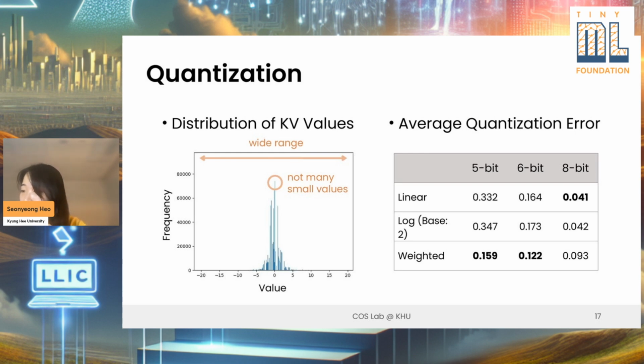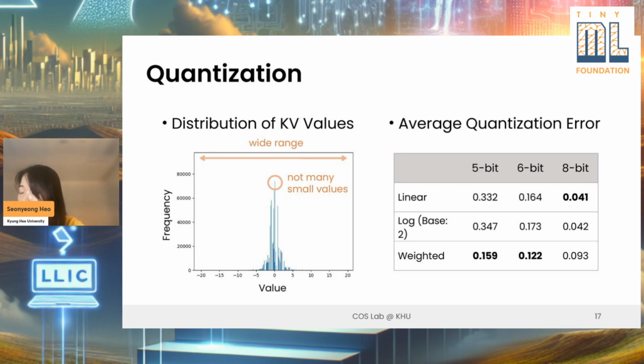The histogram on the left side illustrates the distribution of KV values for some sample inputs. First, we can see that the KV has a very wide range of values, from -20 to 20.